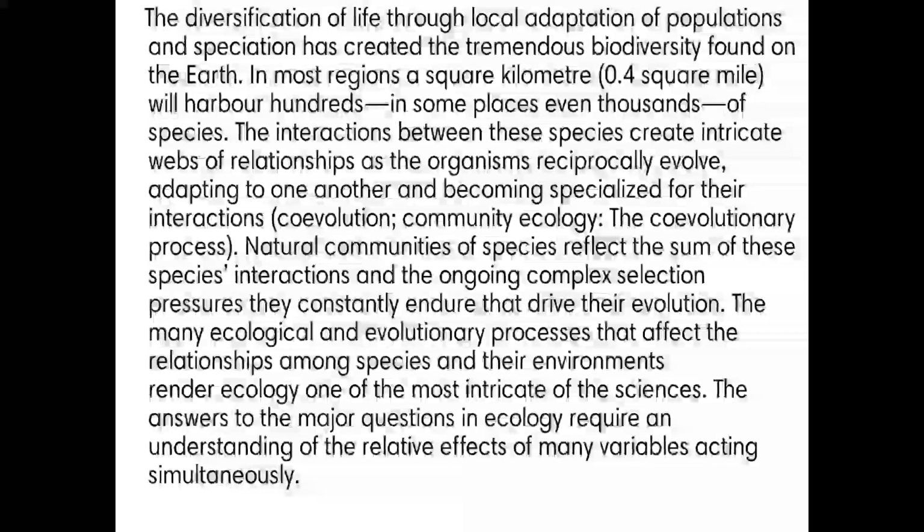The many ecological and evolutionary processes that affect the interrelationships among species and their environment render ecology one of the most intricate of the sciences. The answer to a major question in ecology requires an understanding of the relative effect of many variables acting simultaneously.